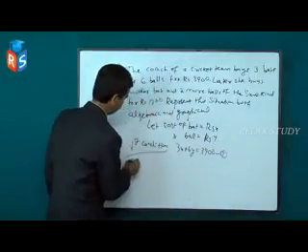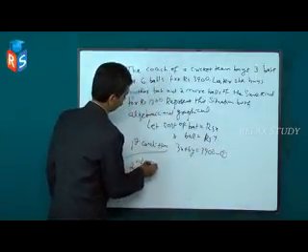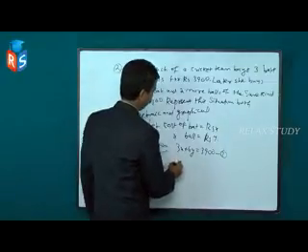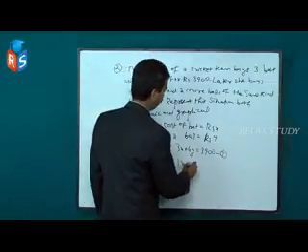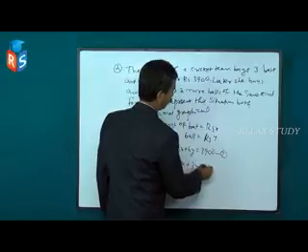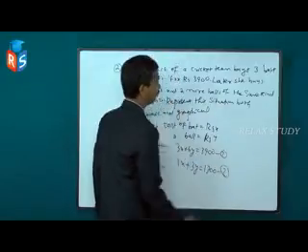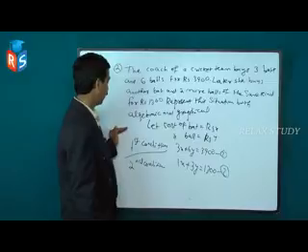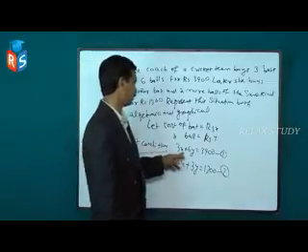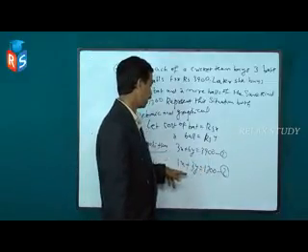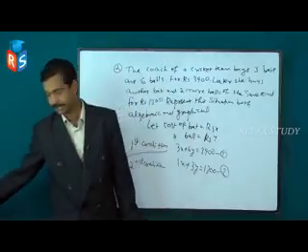And second condition, 1x plus 3y equals 1300. From this we write the two algebraic equations: 3x plus 6y equals 3900, and x plus 3y equals 1300.